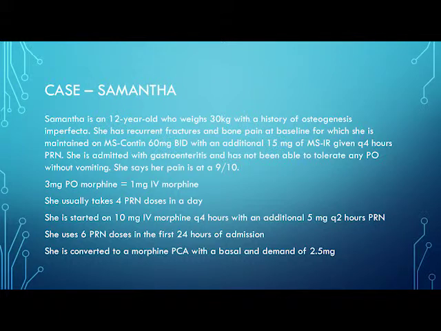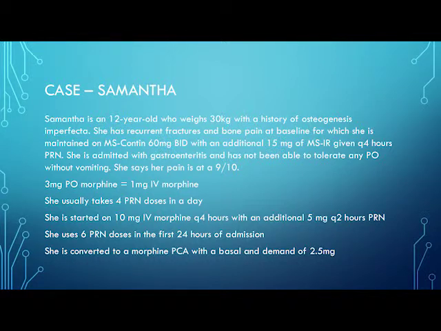So I would start this patient on something like 10 milligrams IV morphine every 4 hours scheduled with, and this is more art than science, but I typically do half that dose at half the interval for my PRN, with an additional 5 milligrams Q2 hours. So yes, that is a lot, but this is a patient who has been on opioids their entire life and is tolerant, and has constant pain that should be addressed.